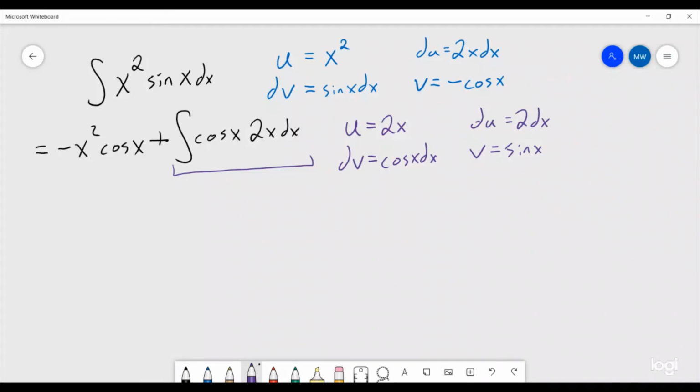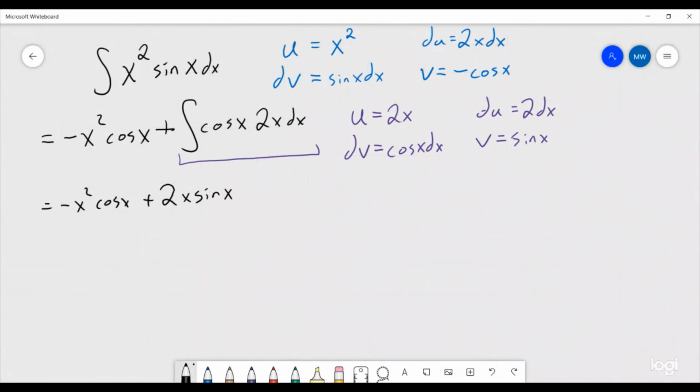So that tells us that this is going to be negative x squared cosine x plus uv, so 2x uv minus the integral of v du, so 2 sine x dx.